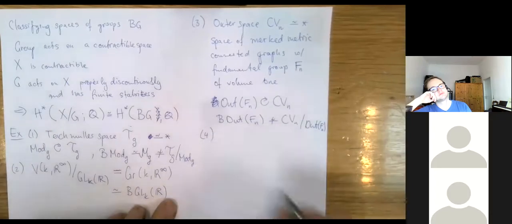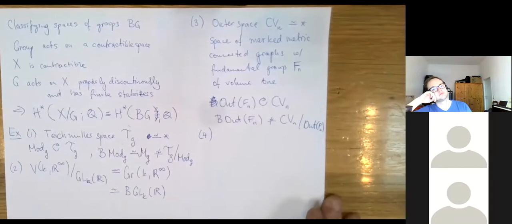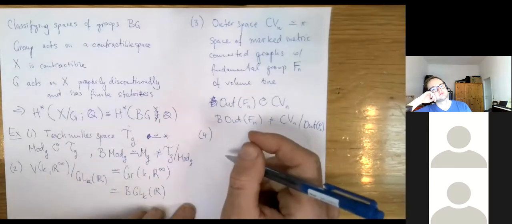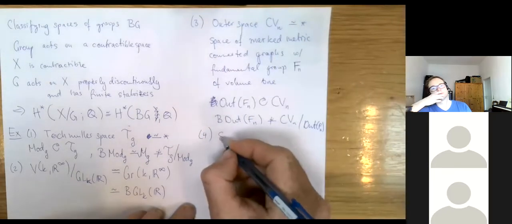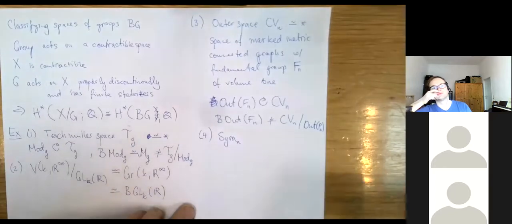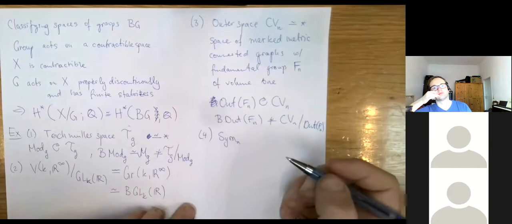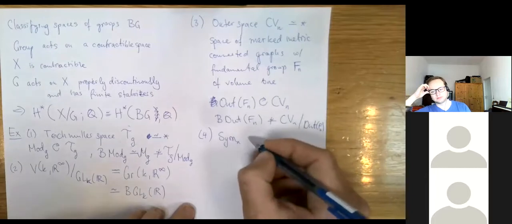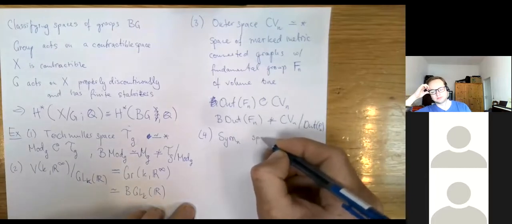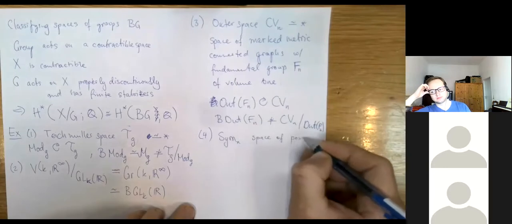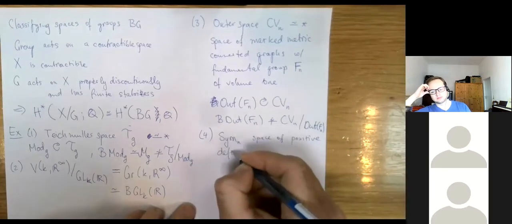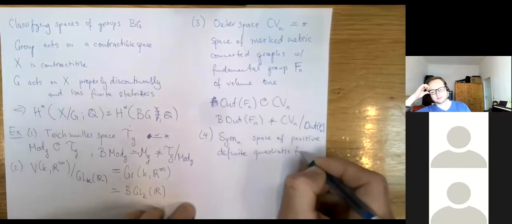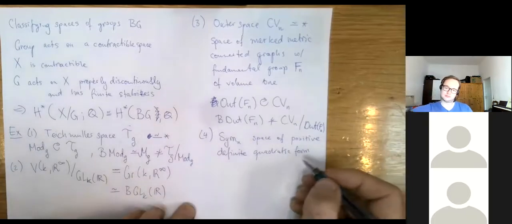Number 4, we have our group G. We always start with the space. The space is, I'm going to call it Sym_n, which is a symmetric space. It's the space of all positive definite quadratic forms on R^n.